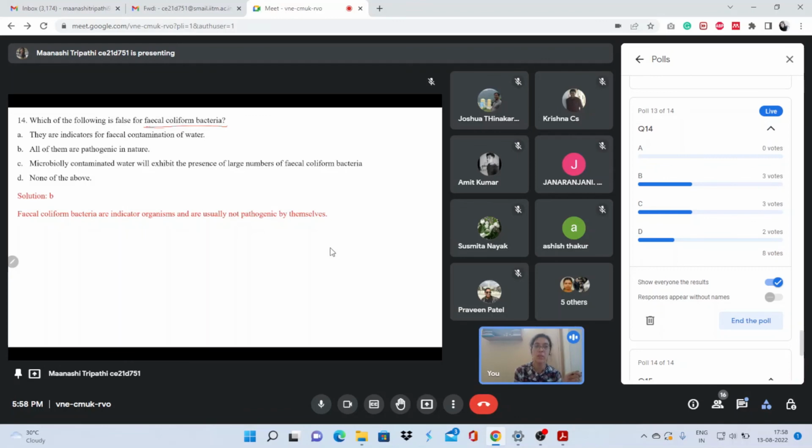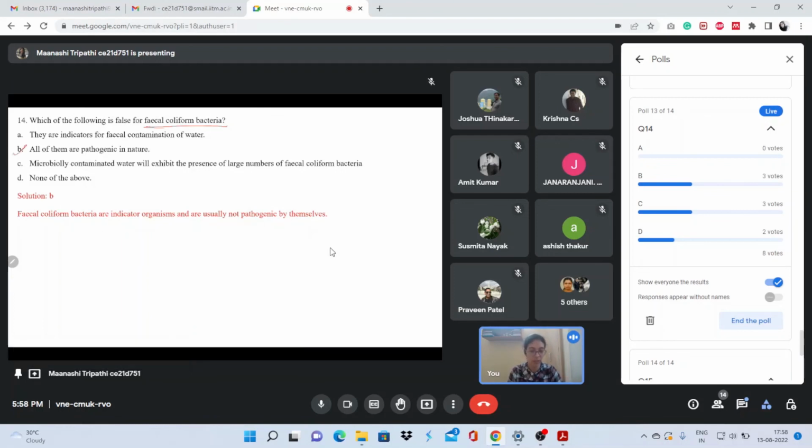And the second and most important reason is we will not touch pathogens with our hands. We don't want that disease. So we try to avoid the pathogens. We will not take pathogens into our labs so that we and the other people working in our lab don't get ill. So this is the false statement.